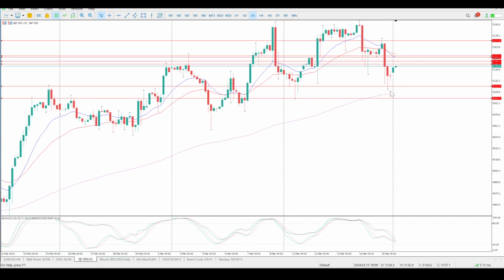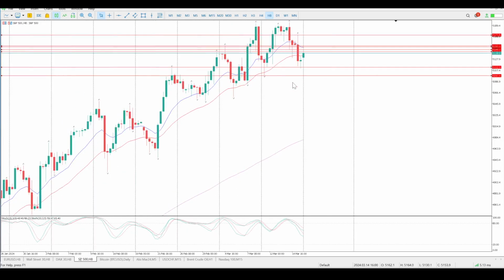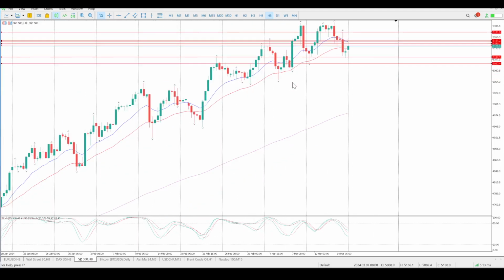V reversals are rare, so I suspect a move into here, rejection, and then back down into this 5100 area. That's my setup for today. If you drill back to the 8 hour, trend is still up, so you need to treat this little short setup as a short scalp. You don't want to try to hold on to it forever.